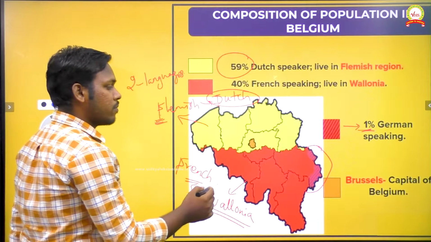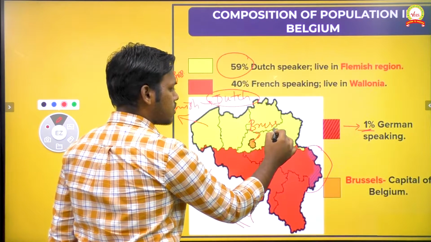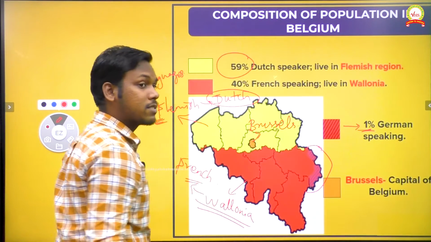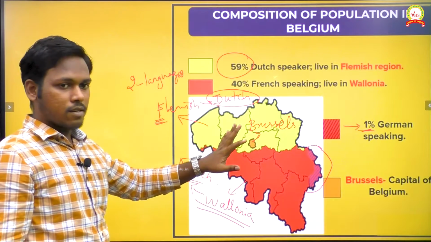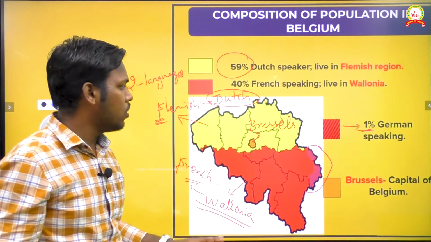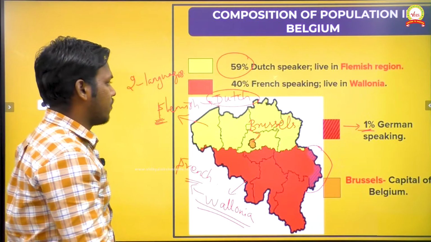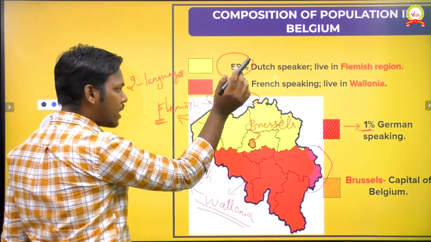The capital of Belgium is nothing but Brussels. So in Belgium, in general, excluding the capital, if we see the map, we will obviously know who is the majority here. The majority is Dutch speakers, because they are 59%.